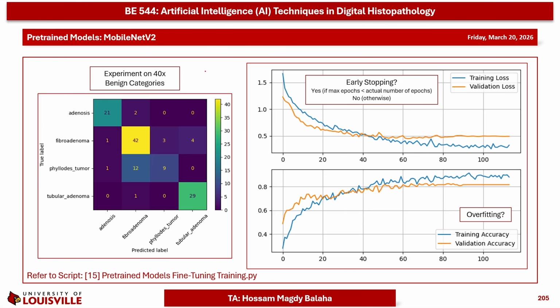Now, after executing the code for the MobileNet version 2 pre-trained model experiment, we will get that performance, where it also executed the early stopping when it settled to a specific performance. So here, the early stopping is executed, and the performance became better.